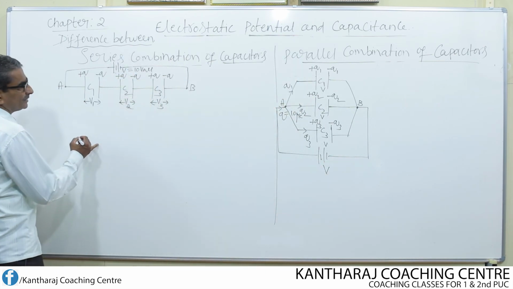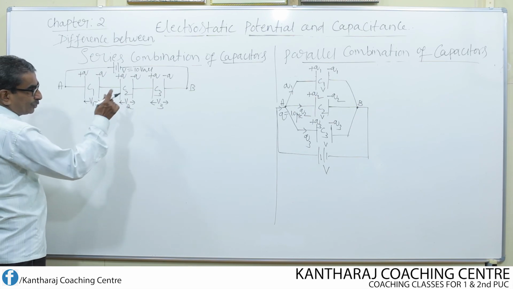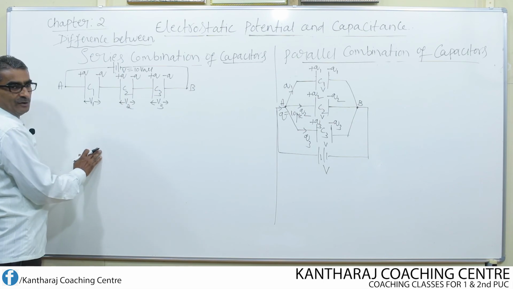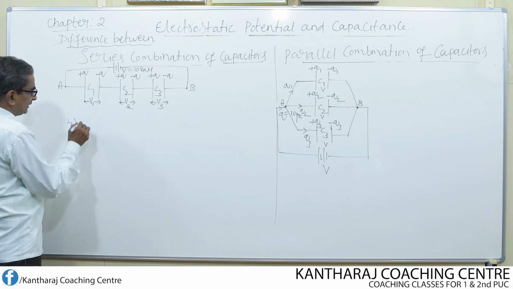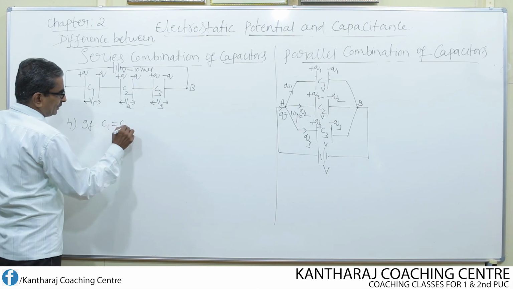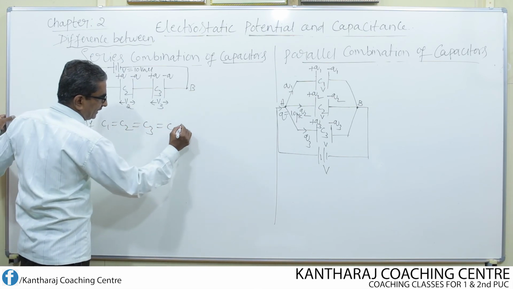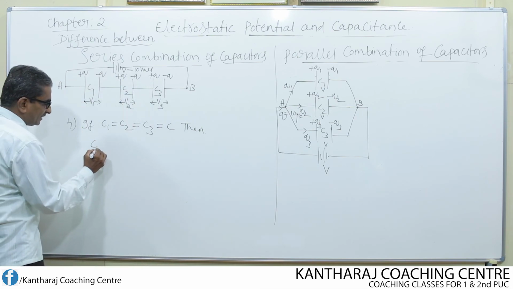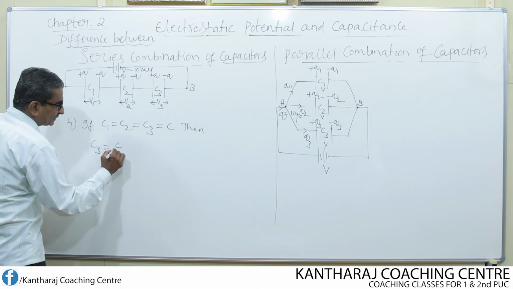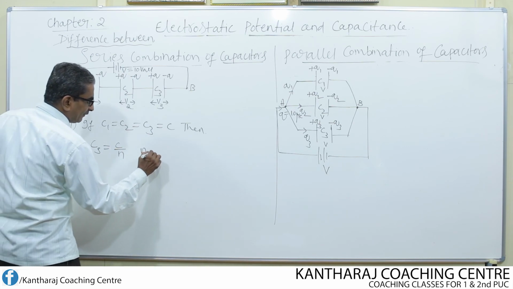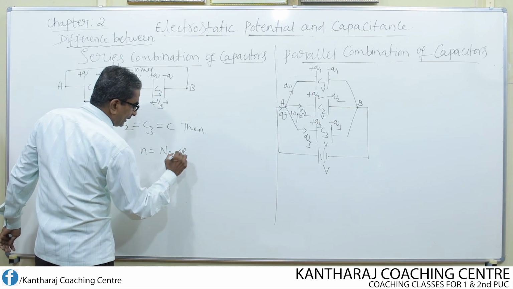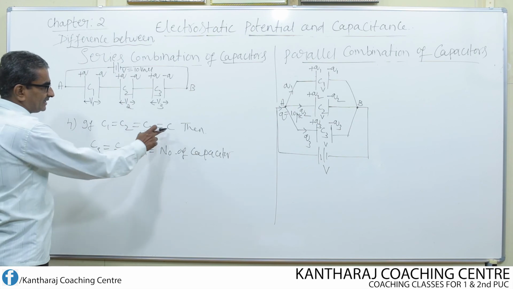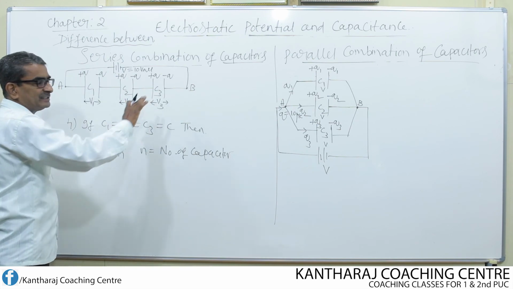Then, what will be the total capacitance when all capacitance values are the same? That means, if C1 equal to C2 equal to C3 equal to C, then effective capacitance of the series combination is given by Cs equal to C by N, where N refers to the number of capacitors connected in the combination, and C is the value of each capacitance, which is considered to be the same.